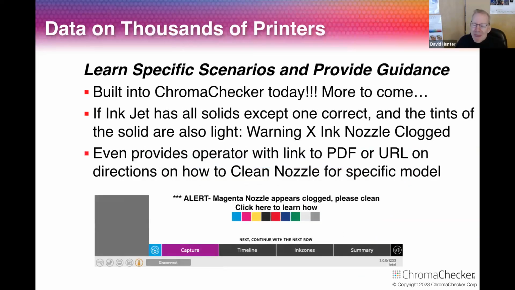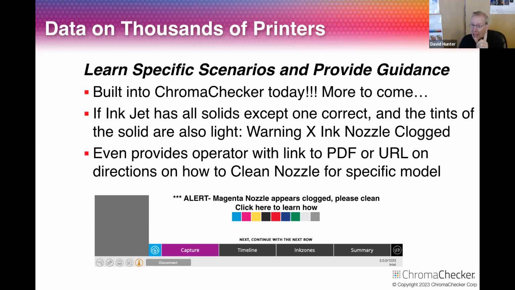Because we have data on thousands of printers, and we've learned specific scenarios that we can provide guidance for. And we're asking our users for more help, because in this way, we can put more scenarios within ChromaChecker to help provide these automatic hints on what they need to do to fix it.